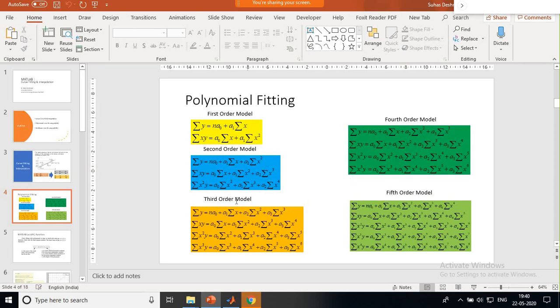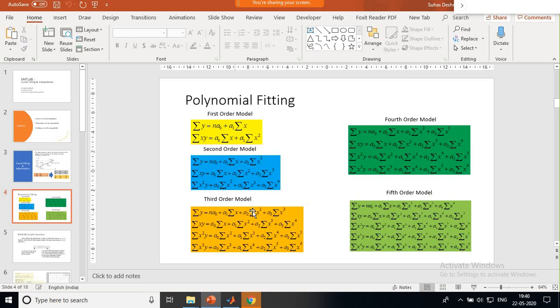When we do this, you can see the simple technique behind it. Sum of y is equal to this; just multiply the above equation by x and you will get another equation. Similarly, for the second order model, this is the first equation; multiply each element by x and you will get the second equation.